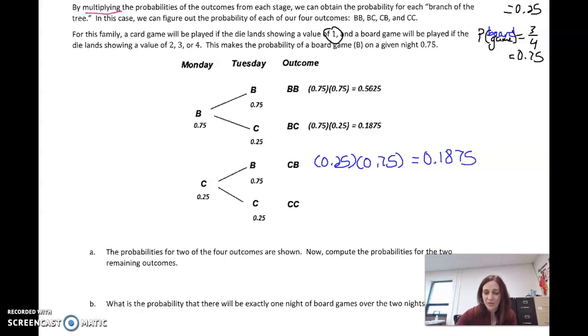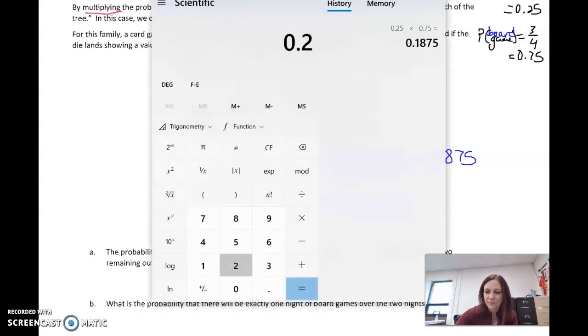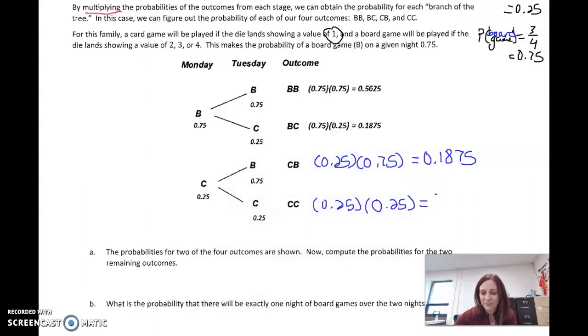And then for this one here, we go 0.25 times 0.25, and we get 0.0625. So these are the other remaining probabilities. If you're organized, you just multiply.